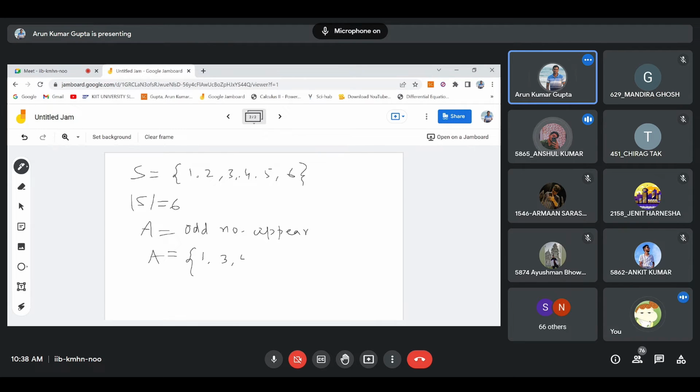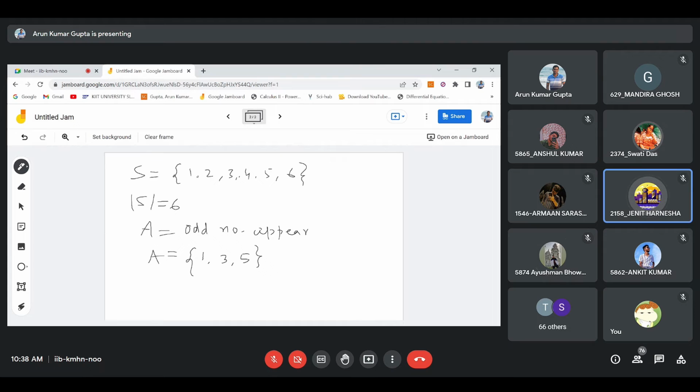Which are the odd numbers? 1, 3, and 5. So what is A mod? 3. Then what is the probability of A? 1/2.